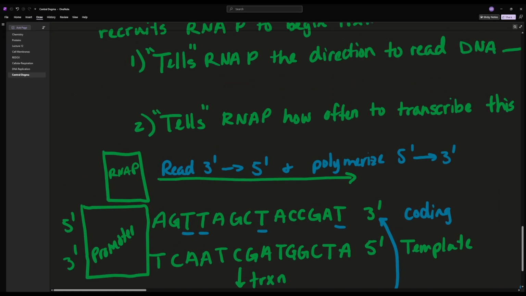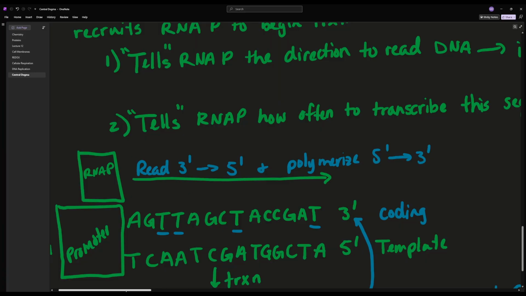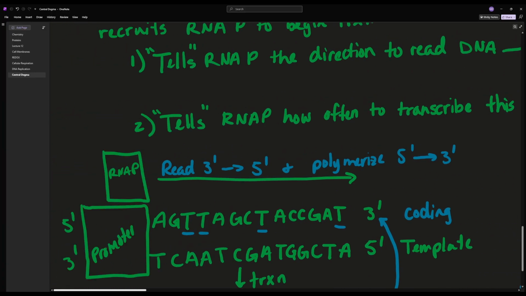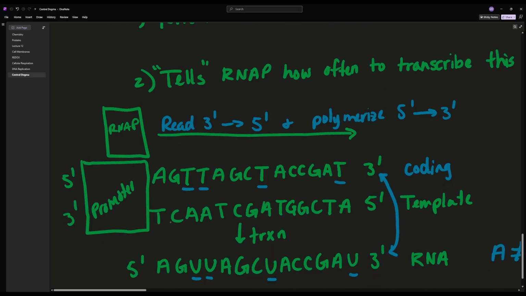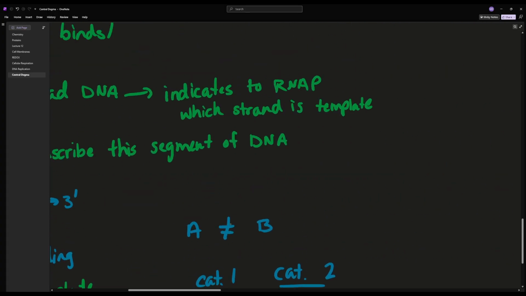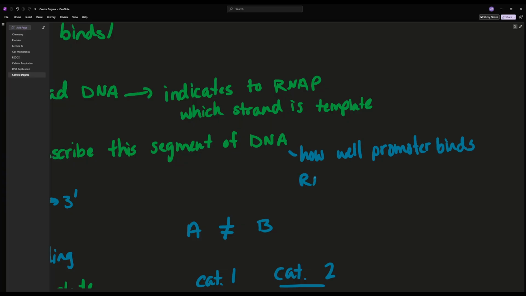So now we can ask ourselves, back here, what tells the RNA polymerase how often to transcribe the segment, and how is that possible? If we zoom in over here, as you guys remember, I mentioned earlier this has to do with how well the promoter binds RNA polymerase. How well it binds is based off of the promoter sequence.